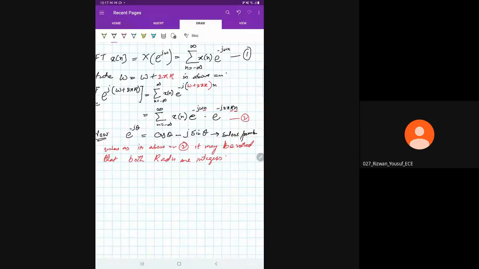So therefore, from equation 2, we can write e raised to the power minus j 2 pi k n. Using Euler's formula, we can write it as cos of, yes, what is the angle?